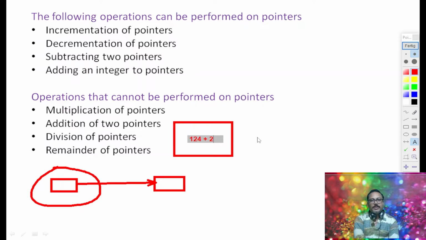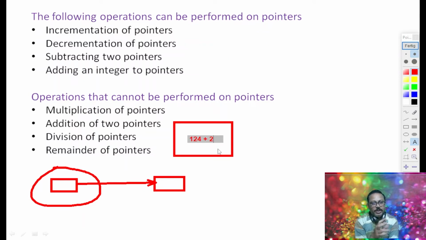They will be addresses that usually occupy all the bytes of that address. There will be large numbers. If you multiply, the multiplied value doesn't fit within that pointer, within the location of the pointer. That's why these operations are not permitted.